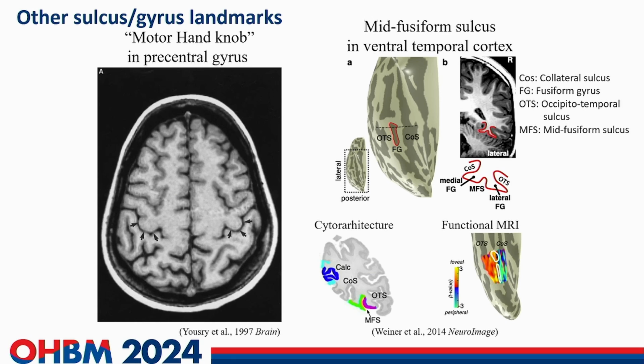Not only that, this border is quite often aligned with different functionally localized areas, say fovea or periphery. It also corresponds nicely with the face area on the occipitotemporal sulcus side, and the place area, which is on the collateral sulcus side in the medial part. This is a good landmark to distinguish where the face area and place area may exist.